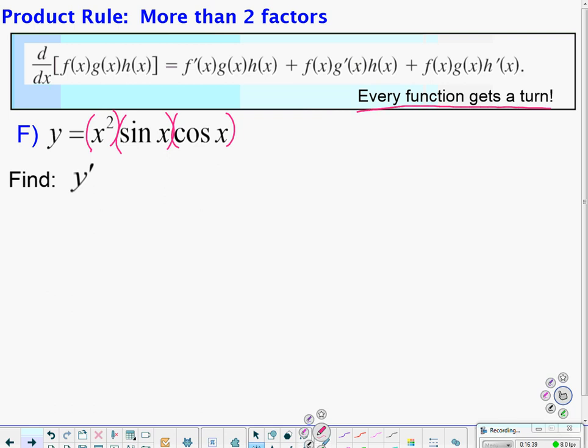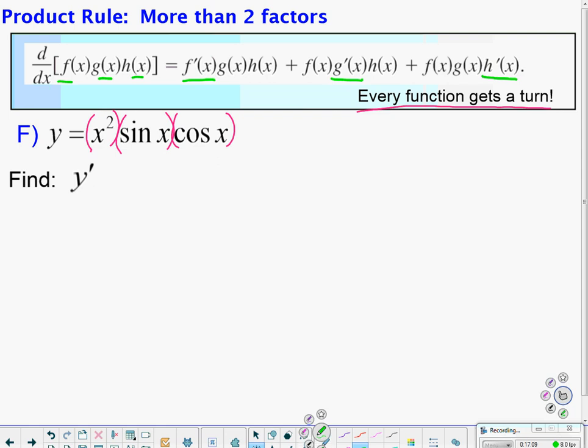I'm going to highlight, and maybe you could highlight too, every spot you see a derivative being done. Notice how what I underlined is f prime, then it's a g prime, then it's h prime. So there's the algorithm for calculating the derivative with functions where there's more than 2 factors. Namely, we had 3 in this one, but we could have 4, we could have 5, and the process would look quite similar.